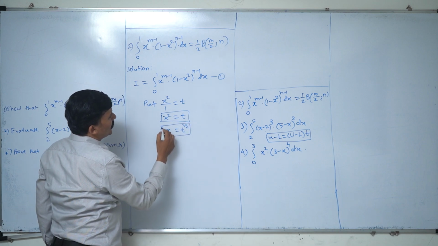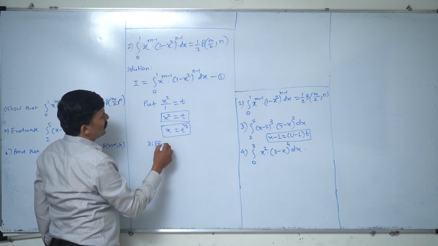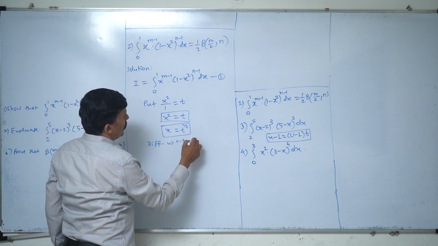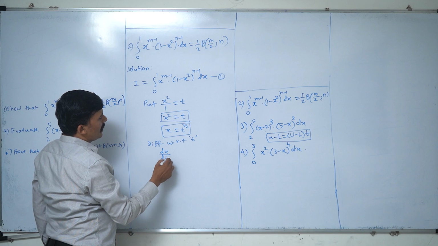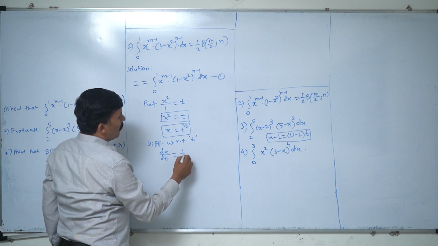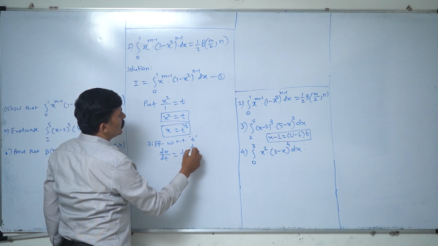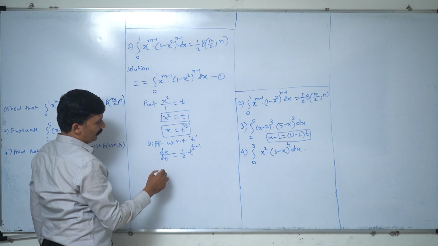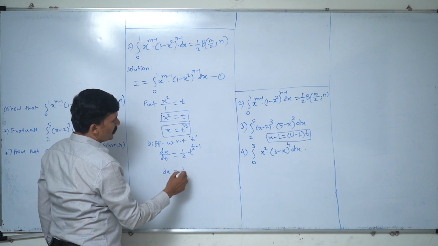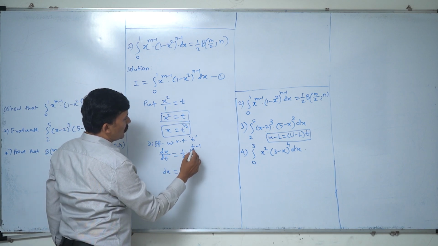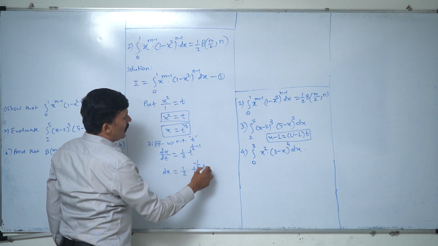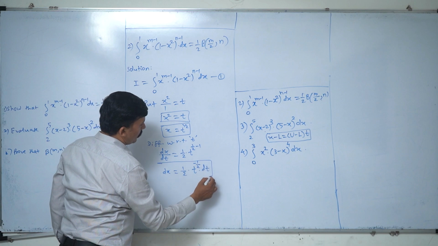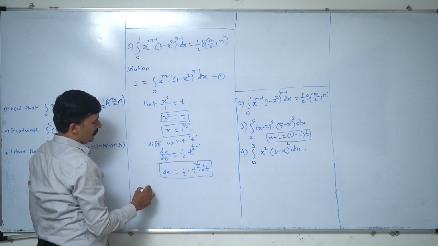After getting x, you have to differentiate with respect to t. So dx by dt equals 1 by 2 into t raised to 1 by 2 minus 1. So dx equals 1 by 2 into t raised to minus 1 by 2 dt. So this is dx.